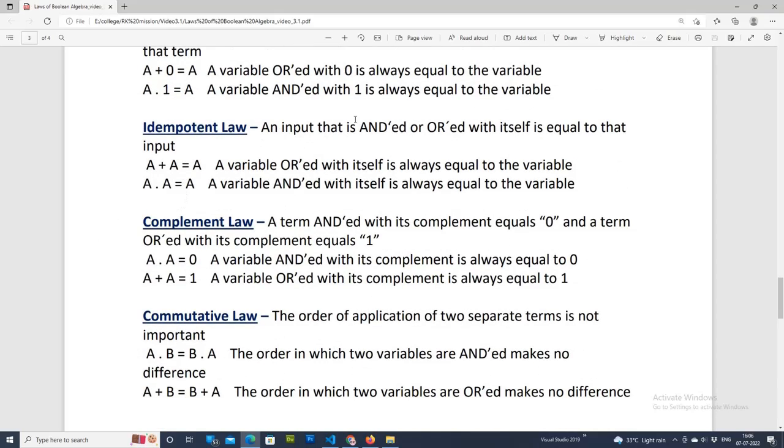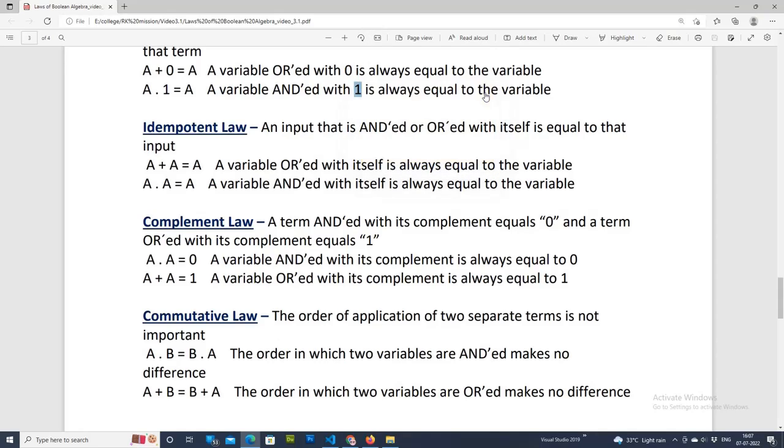Now, an input that is ANDed or ORed with itself is equal to that input. A AND A equal to A. How can we say that A AND A equal to A? We can say that A plus A equal to 2, but here in Boolean algebra we have only two variables, 1 and 0. We always work with two variables, 1 and 0.